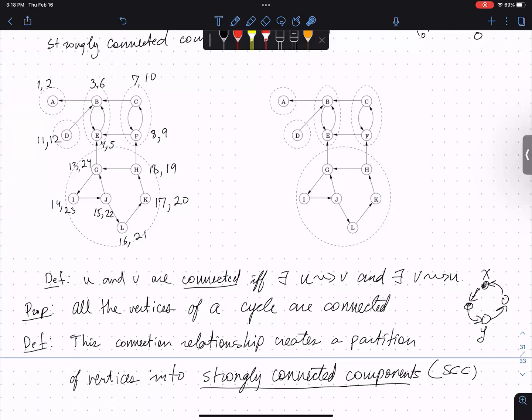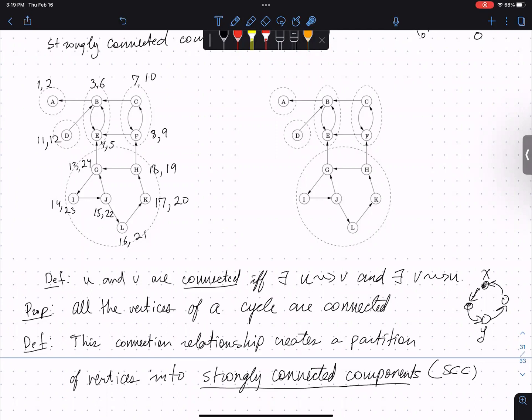I think you're right. I don't want to bet my life on it, but I think you're right. Other question? It's important that you stop me here, because if you don't understand the definition of a strongly connected component, then we're in trouble for the rest of the lecture.